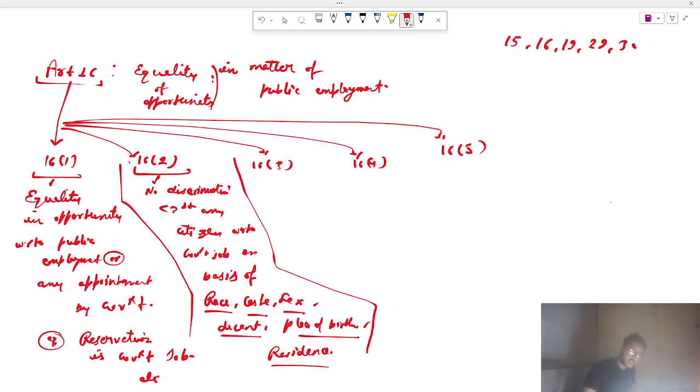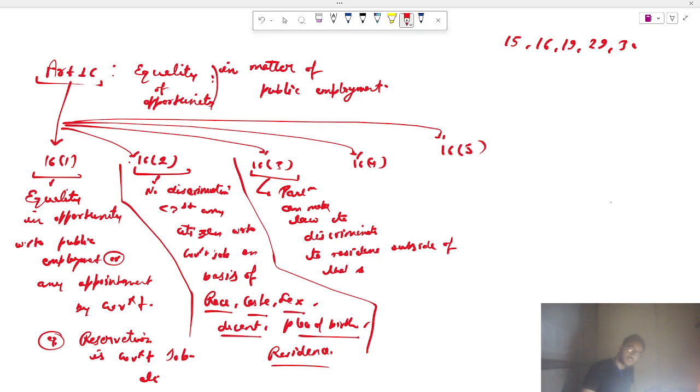So basically, Parliament can make a law to discriminate in favour of residents, against those outside of that state or UT.